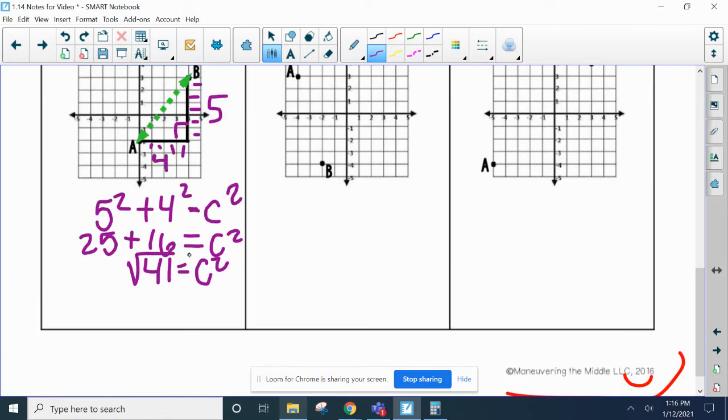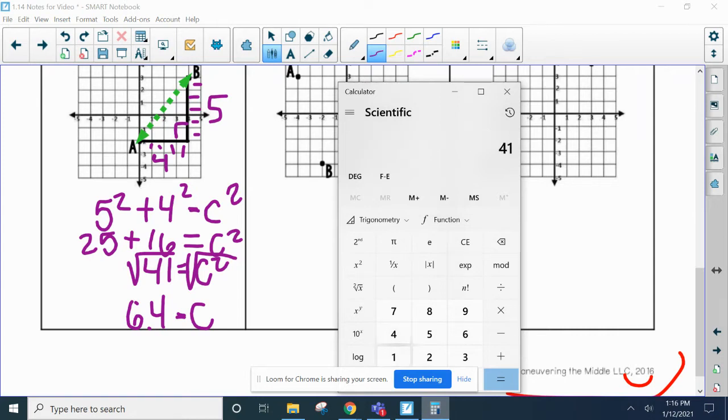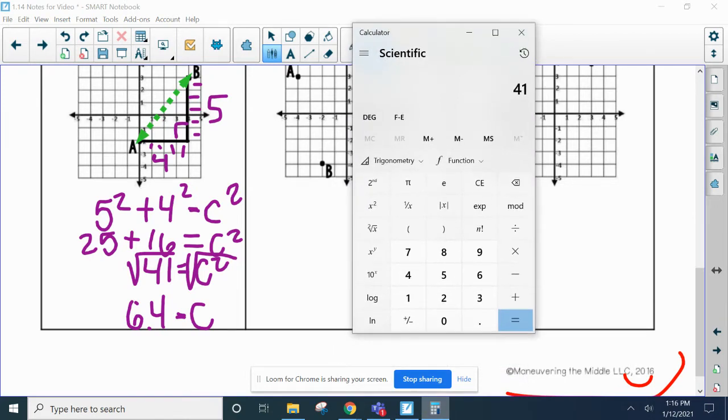So the square root of 41, the square root of c squared. c times c gives me c squared, and the square root of 41 is going to give me 6.4. We can plug it into our calculator. Let me show you how to do that again. So 41, this button right here is our square root, gave me 6.4.